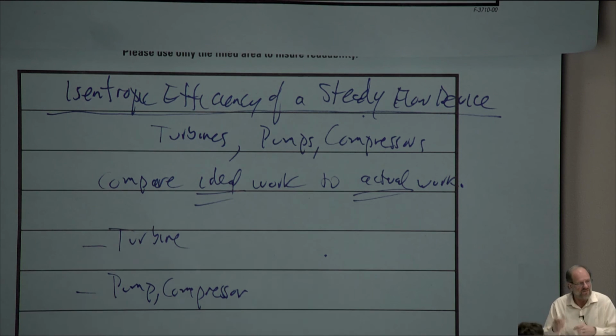They have rotating impellers, there's a motor attached, the motor provides a work input, putting rotation on the impeller, and then whatever fluid comes in gets sucked up in the impeller and gets pushed out at a higher pressure with a certain flow rate. That's what happens in a pump or a compressor. A turbine is exactly the opposite, right? But still, the definition of the isentropic efficiencies would be a little bit different.